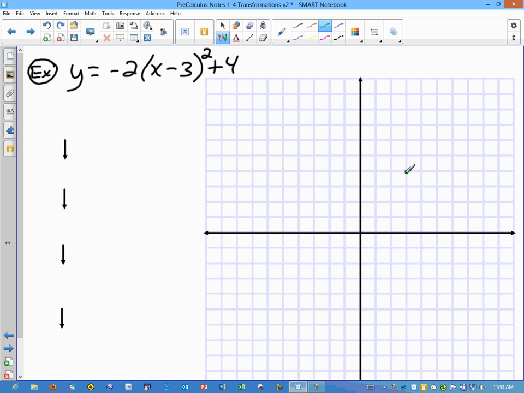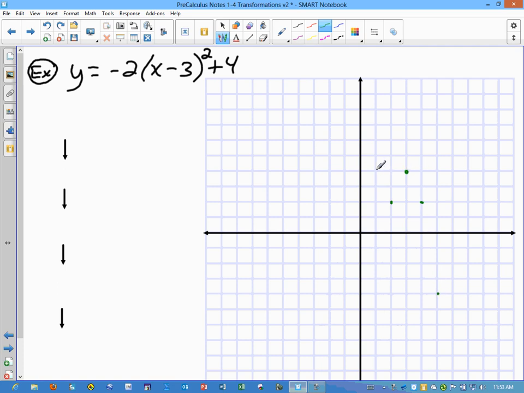Instead of the standard shape, which is 1, 1, 2, 4, which is what it would be if there was no number here or if it was a 1, it's going to be double in all of the vertical distances. So instead of 1, 1, I go 1, 2, which means we're going to put a dot there. And likewise on the other side. And then instead of 2, 4, I'm going to go 2 and then 8 units puts me there.